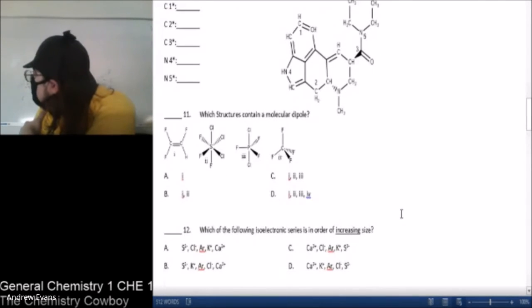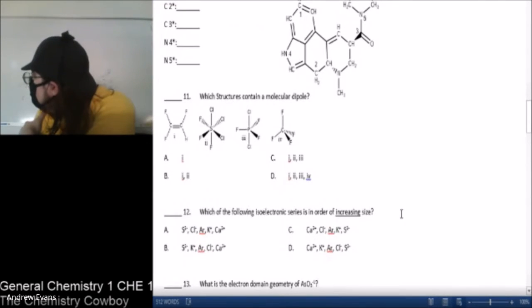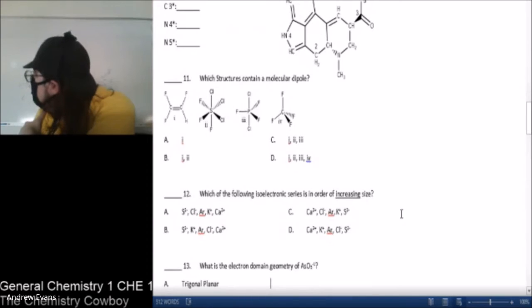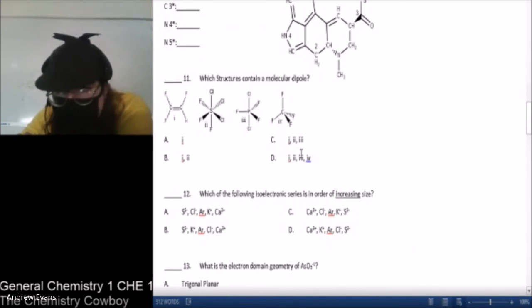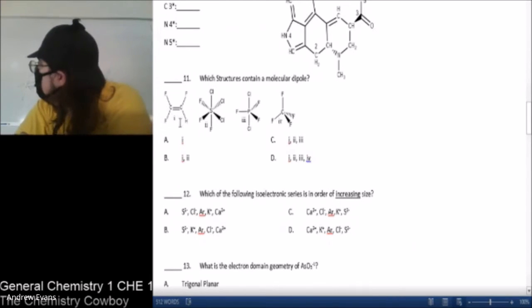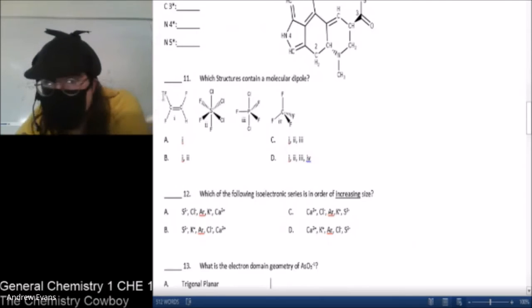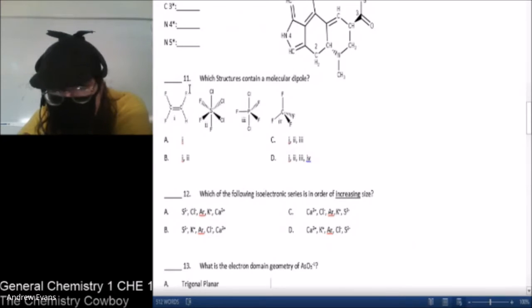Look at this: which structures contain a molecular dipole? Once again, equal and opposite, equal and opposite, equal and opposite. This is a perfectly reasonable question. This guy, if I'm not mistaken, F, F, F, H. These F's are canceling each other out, but this H is different. This F and this H do not cancel each other out, so that could be polar.